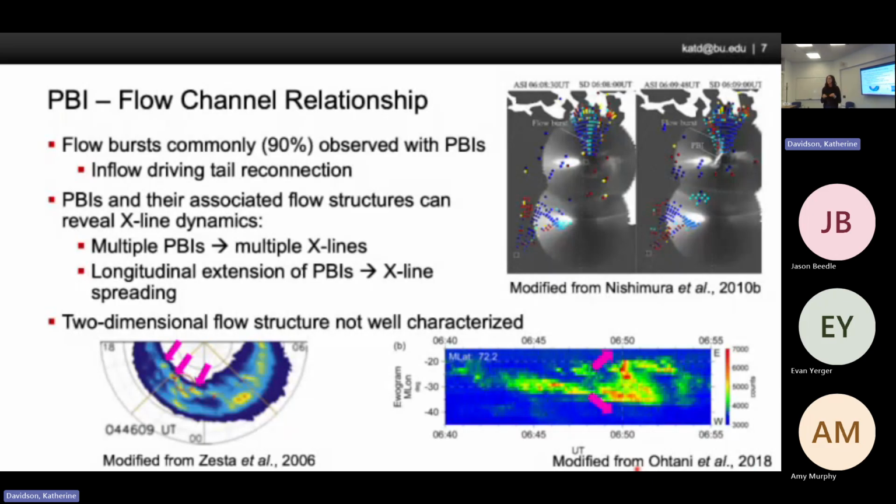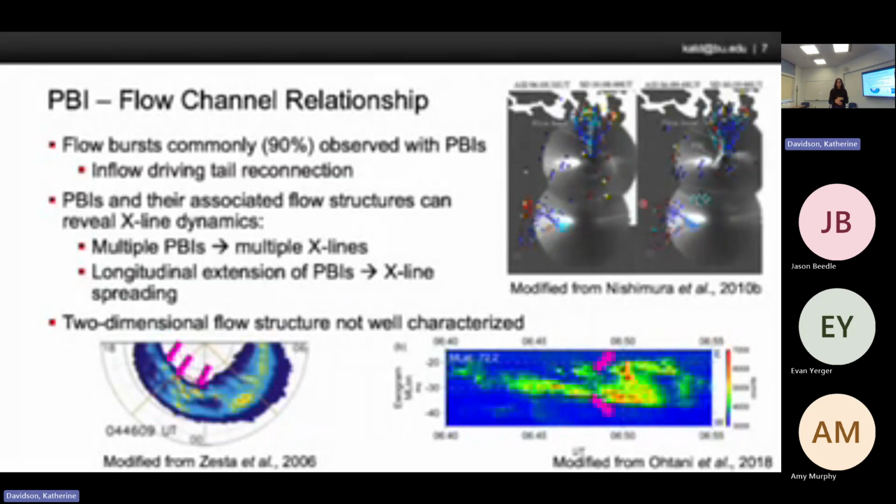Again, probably corresponding to the spreading of an X line. As you can see in the top right, previous studies of PBIs and flow bursts just used line-of-sight data, and there hasn't been any two-dimensional flow structure characterized around them. So that's something that we are interested in doing today.